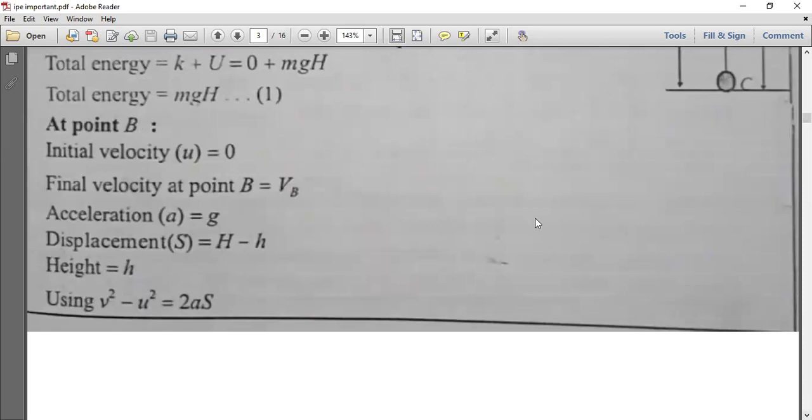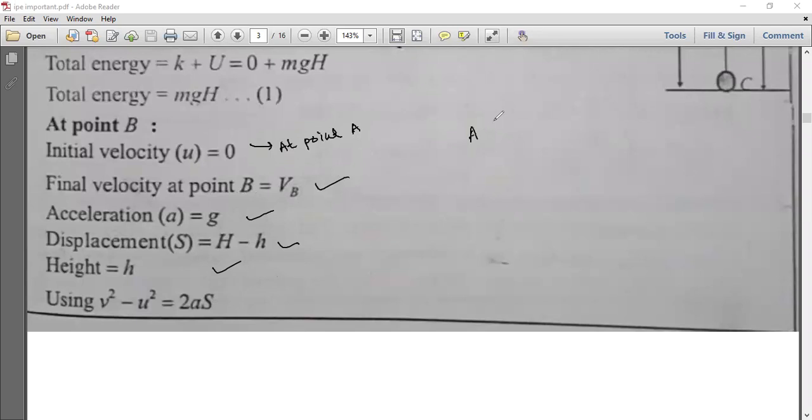Okay. Now at point B, let's move ahead. Initial velocity u is 0, this is at point A, not at point B. And final velocity at point B is vB. Acceleration is g, displacement is H minus h, and height is small h, because you have to see height from the bottom.